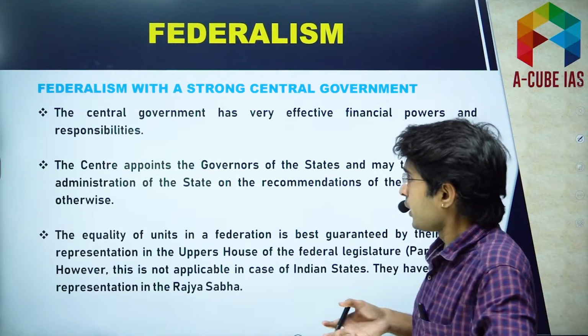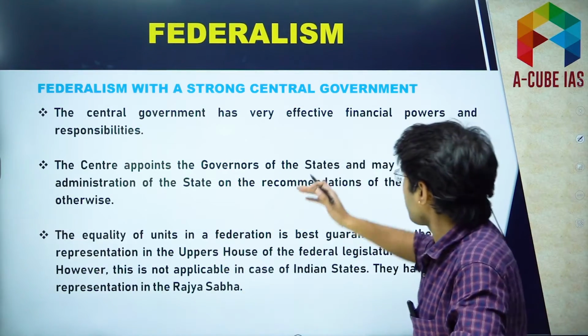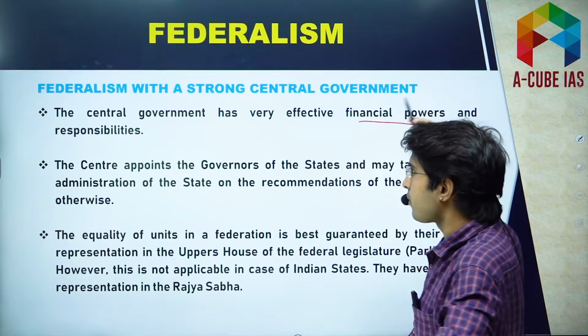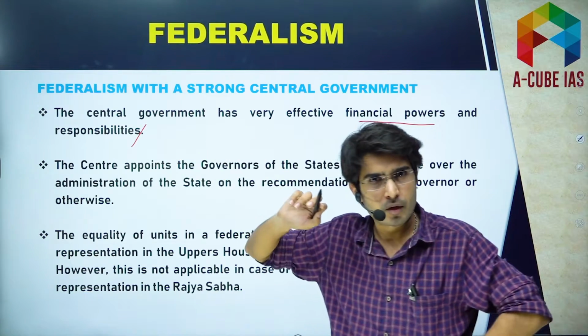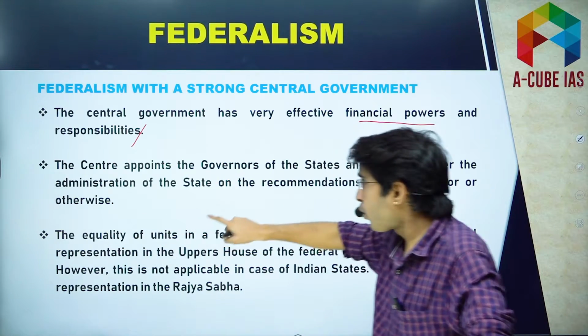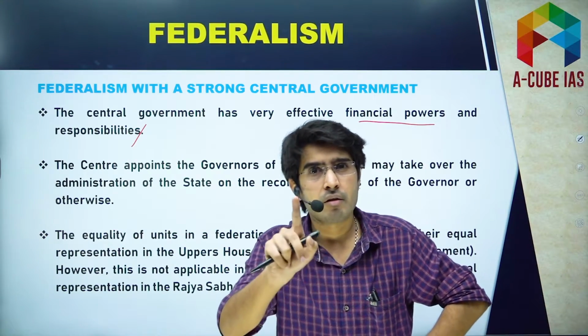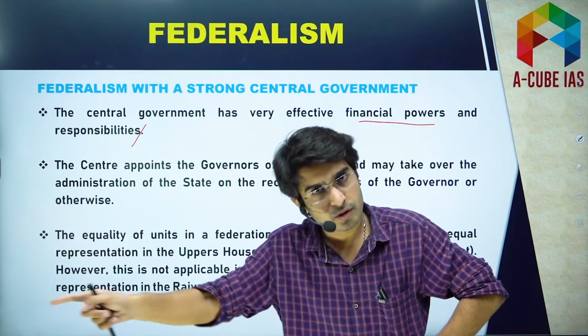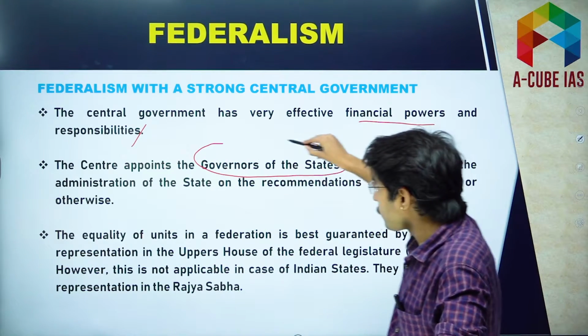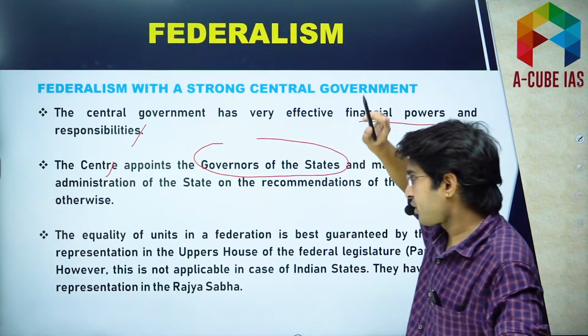Now, you must remember that the central government has effective financial powers and responsibilities. So in that sense, the central government is more powerful. Moreover, the center appoints the governors of the states. So that point also, that governors of states are appointed by the central government.